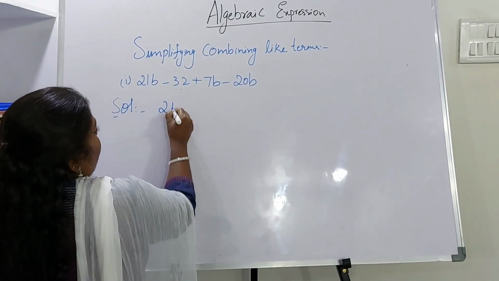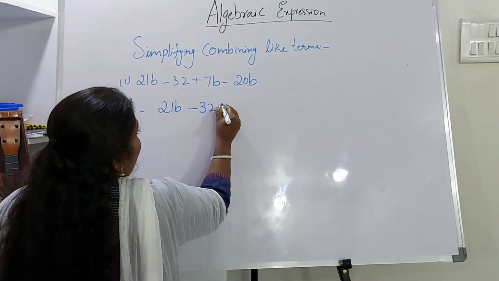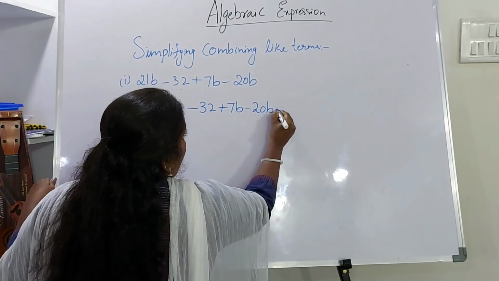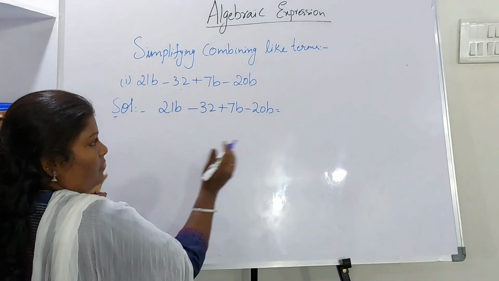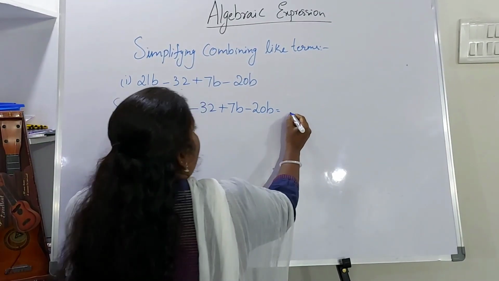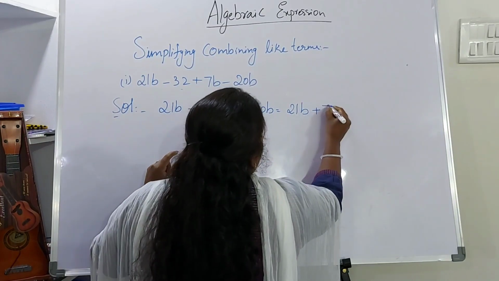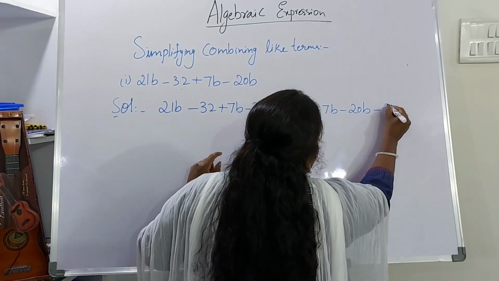Now let me write the question, that is 21b minus 32 plus 7b minus 20b. Now what you have to do is write all the like terms in one place. So I'll just write the equation 21b plus 7b minus 20b minus 32.